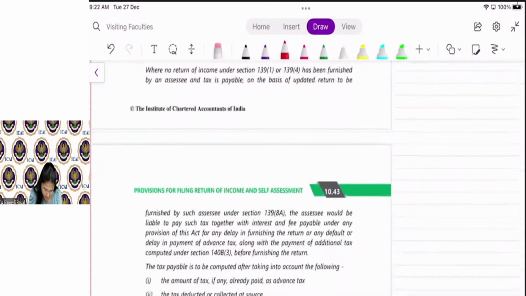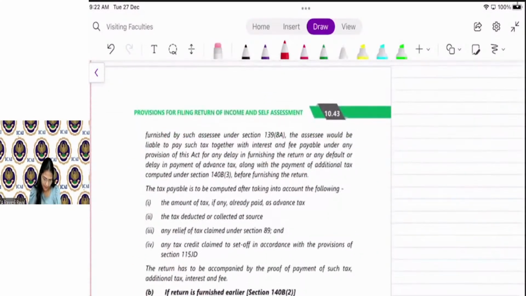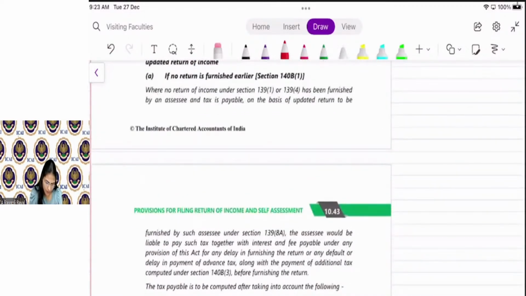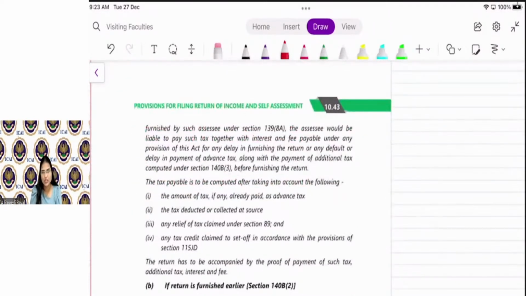So if you are filing the updated return for the first time, when no return of income under section 139(1) or 139(4) has been furnished by an assessee, and tax is payable on the basis of updated return to be furnished by assessee under section 139(8A), the assessee would be liable to pay such tax together with interest and fees payable. So you have to pay interest under section 234A, B, C along with late filing fees.